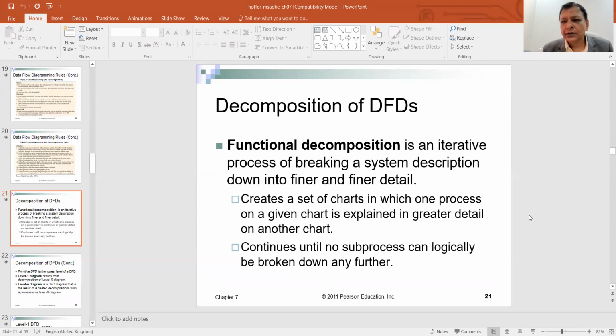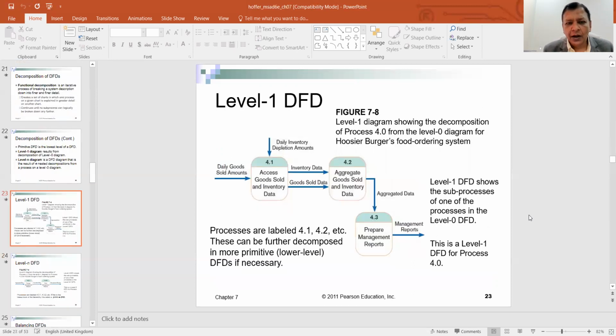As I just covered, the data flow diagram shows functional decomposition like 1.0. So we can have level 1, level 2. We can draw up to 18 levels. Like this is level 1. Access goods sold and inventory data 4.1. Aggregate goods sold and inventory data 4.2.